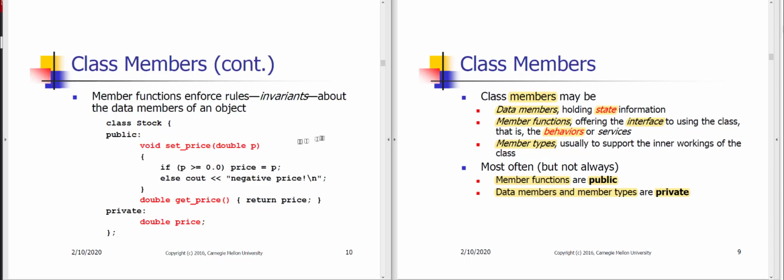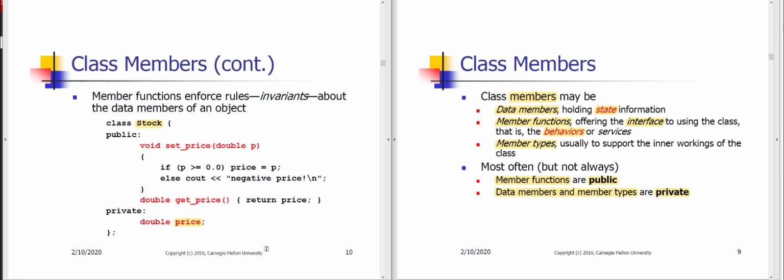All right, so here on slide 10, we have an example of a stock class. Now, every stock, we know, has a current price. If we want to be able to use stock objects in an application, we don't want the application itself to directly interact with that price variable.